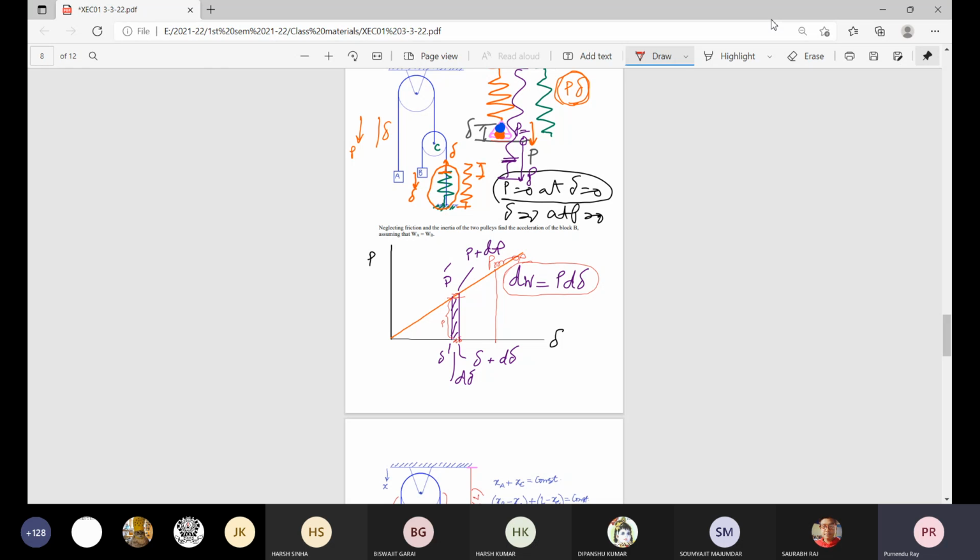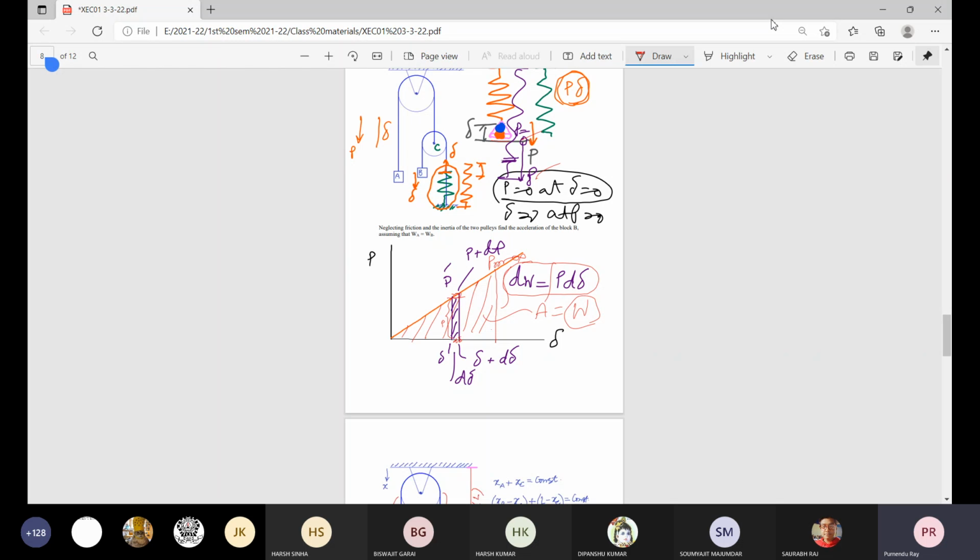Integrate that, it will be the total area under this curve. So whether it is a parabola or a curve, any general curve, then this area is the total work done during this application of the variable force P starting from 0 to maximum force, either P max or something like that. Then during this journey, it will take those relation between P and delta.